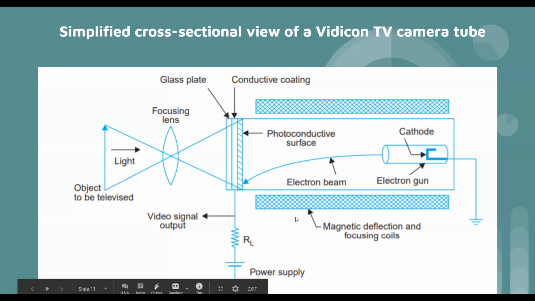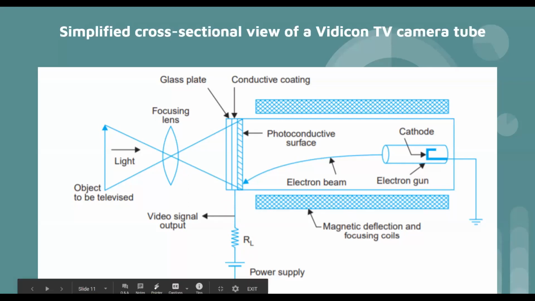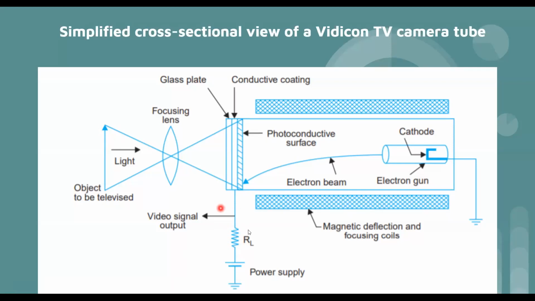Therefore, depending upon the varying magnitude of current, a voltage appears across this RL, and this corresponds to the optical information of the picture.